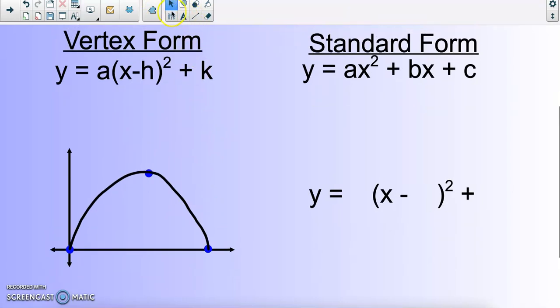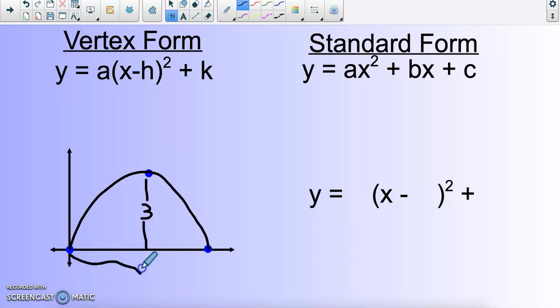I mean, after all, what do we know number-wise? We know that this distance right here is 3, and we know that the total distance traveled from here to here is 8. So if you think about it, we know that the vertex lies right smack dab in the middle, and there's a considerable amount of symmetry to this parabola. So wouldn't that mean that we travel 4 units to get to that vertex on either side?